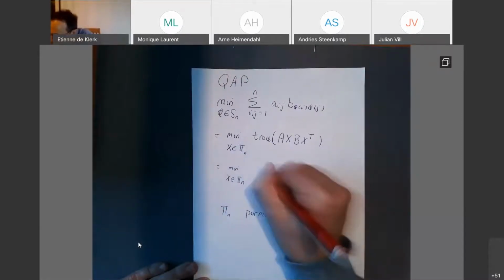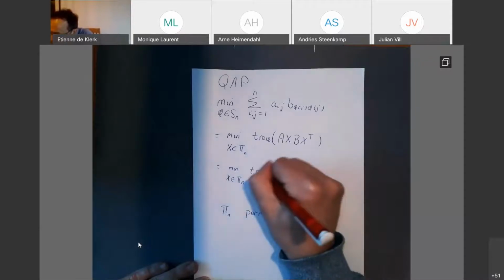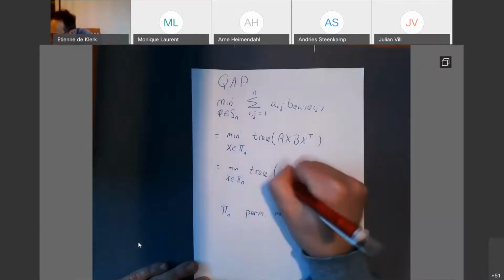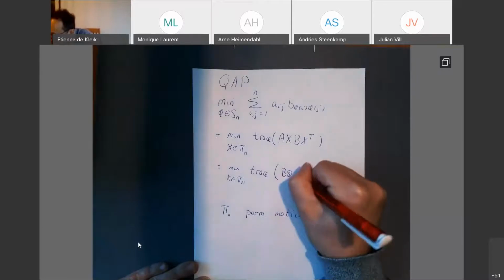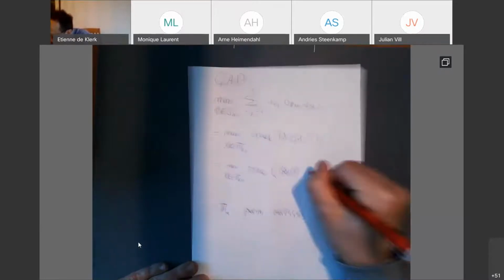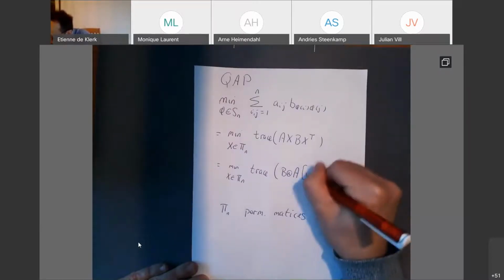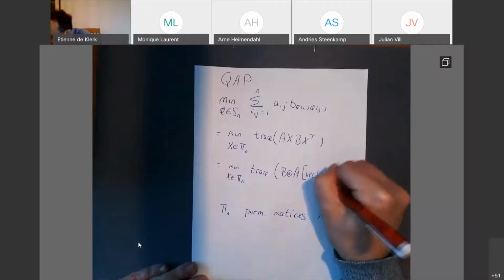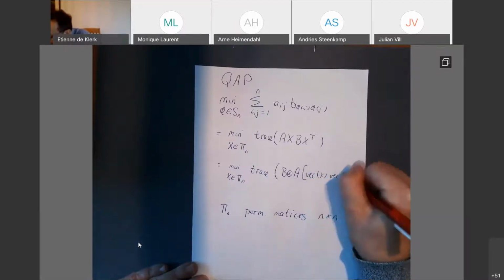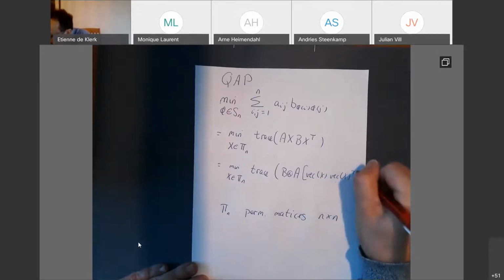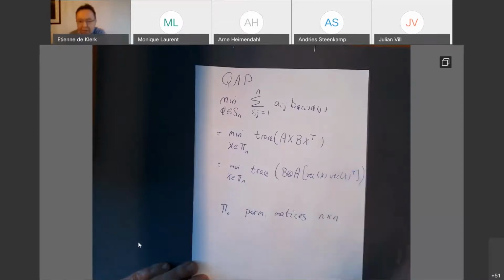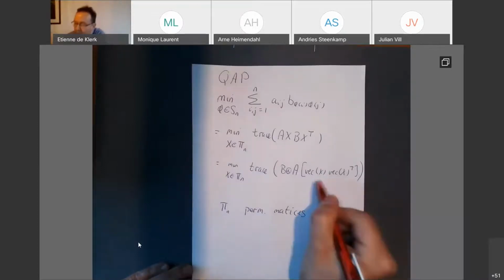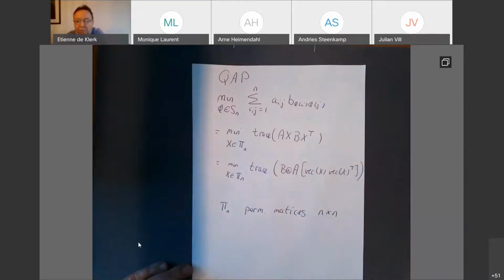We can take the trace of bigger matrices: B Kronecker A, and then a matrix where we vectorize X, times the transpose of the same vector. By vectorize, I just mean we concatenate the columns of X, so we stack the columns of the matrix X to form a vector of length n squared.